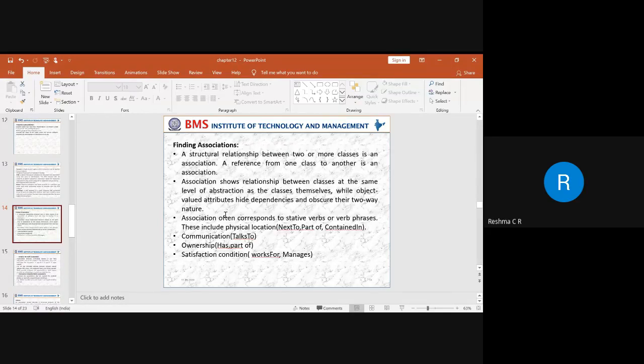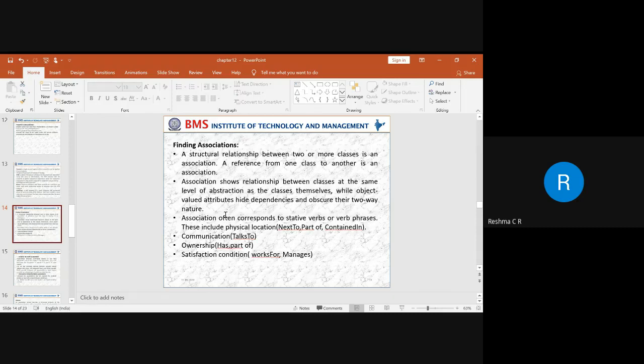This association shows a relationship between any two or more classes, which gives the abstraction of the classes. So what are the different objects that we can have for a particular class? Whether there is a dependency on other classes, or whether it is two-way in nature. All these things have to be identified.